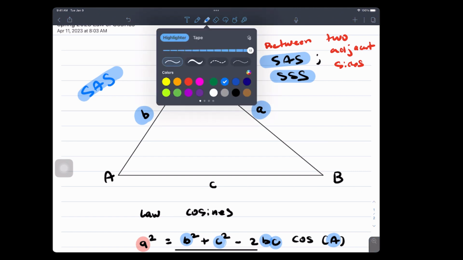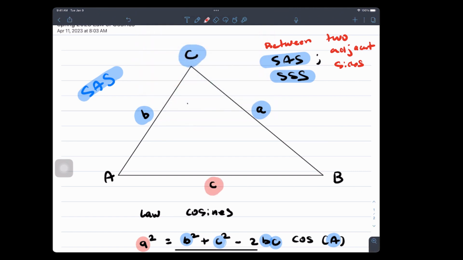Opposite the angle is little c. It's a formula that's pretty simple to do. So again, they gave you side, angle, side. All of these are side, angle, sides, where the angle is between two adjacent sides.